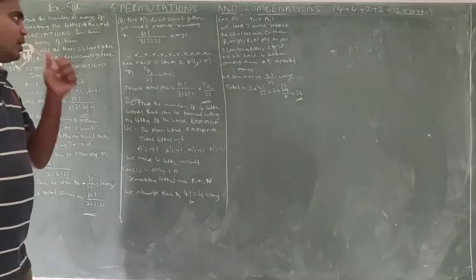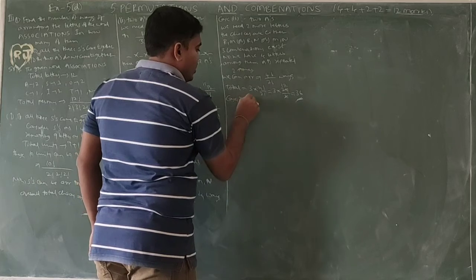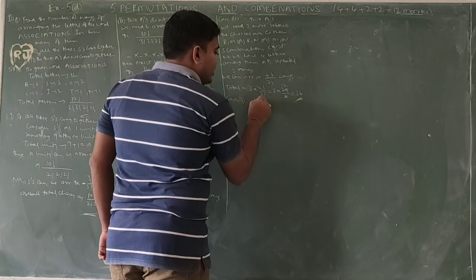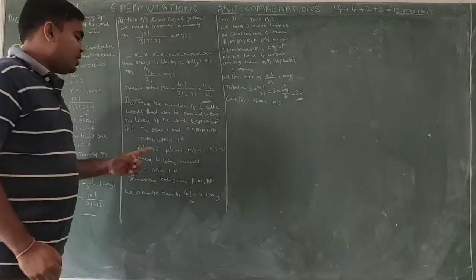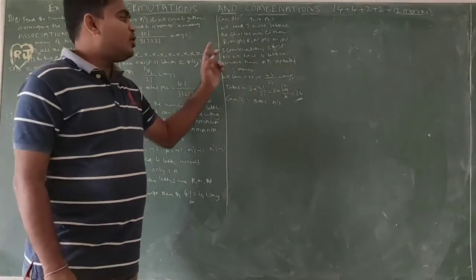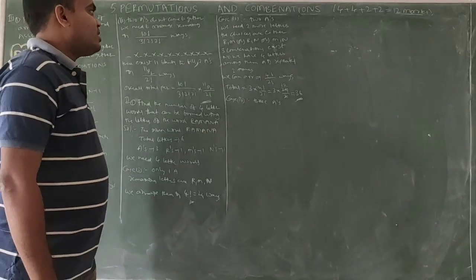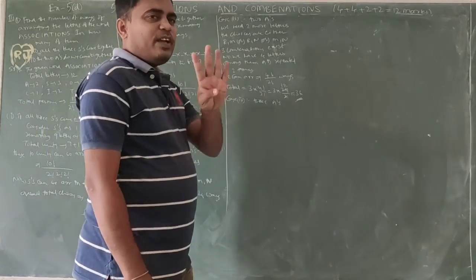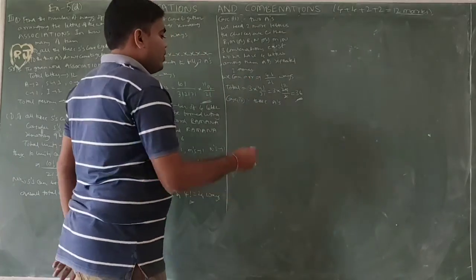Okay, now case 3. We are now taking 3 A's. First situation I took only 1 A, in the second 2 A's, and now 3 A's. If we are taking 3 A's, we need 4 letters, so how many more letters do we need?